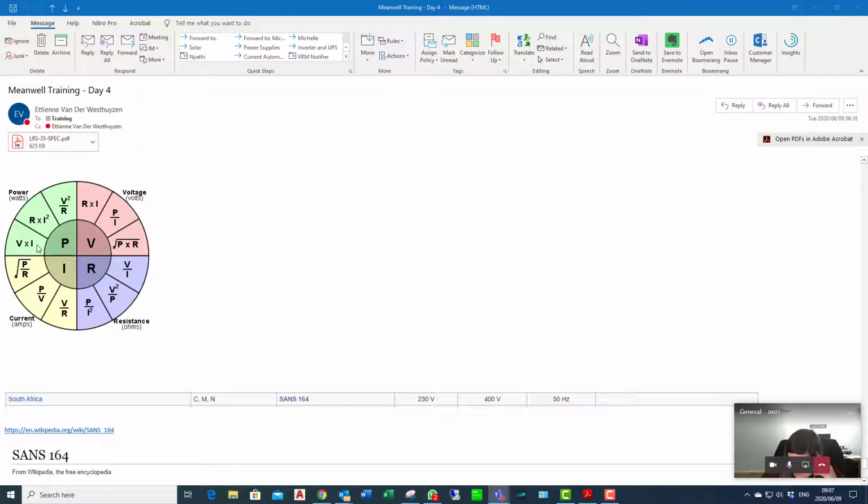Can anybody give me the answer? So, just to answer you guys again, it is 0.165 amps. So remember, I equals 35 divided by 240.